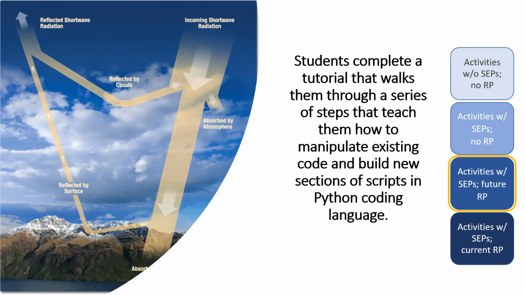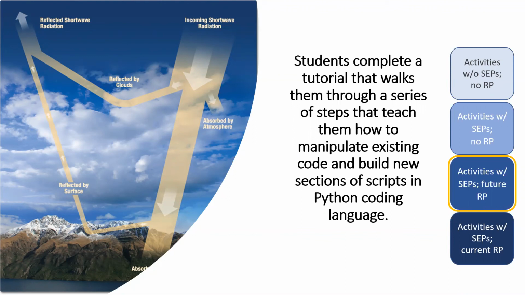It was all very teacher driven. They were given the instructions on how to do this, but it built their skill base to take that forward into doing their own authentic research project.